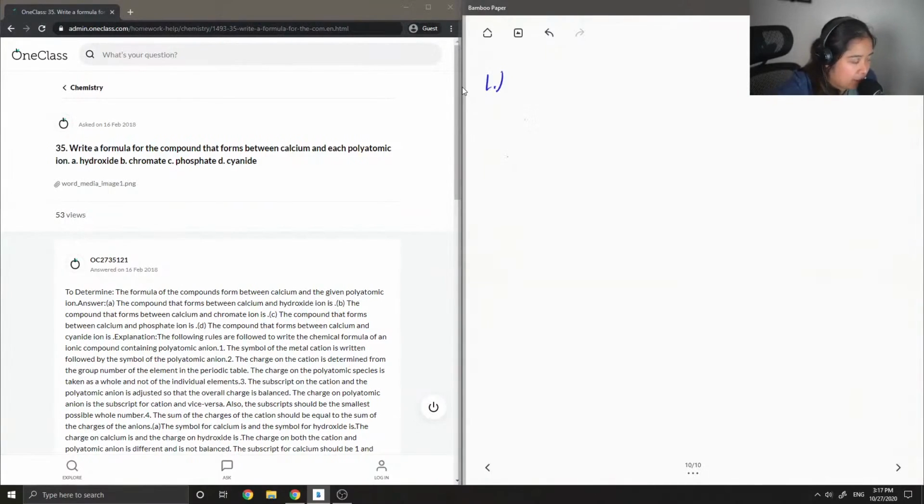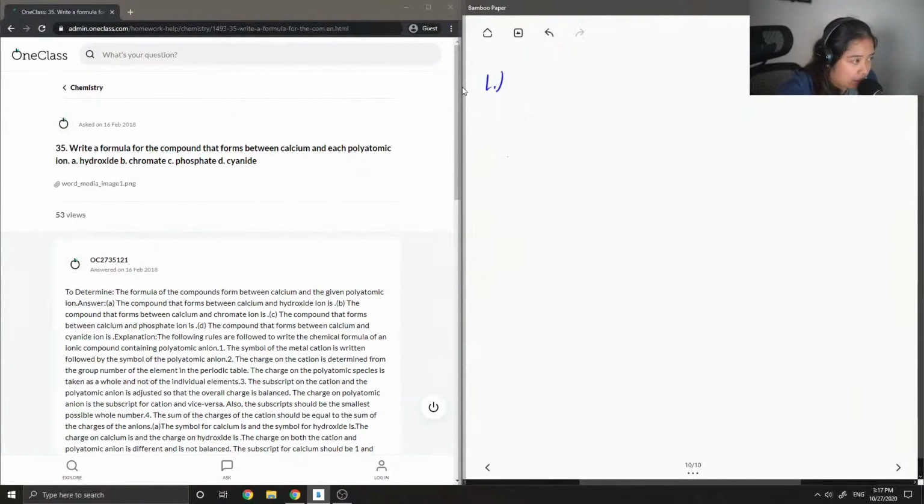And then they give different options like hydroxide, chromate, phosphate, and cyanide. So first, let's just find out the charge that calcium has as an ion. So the calcium ion has a +2 charge. So I'm just going to write 2 plus charge.